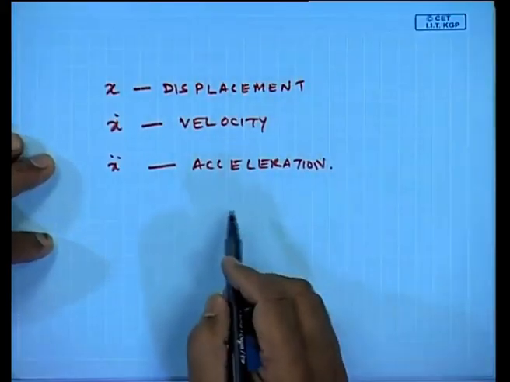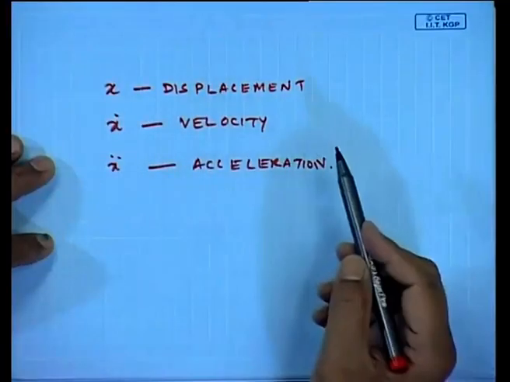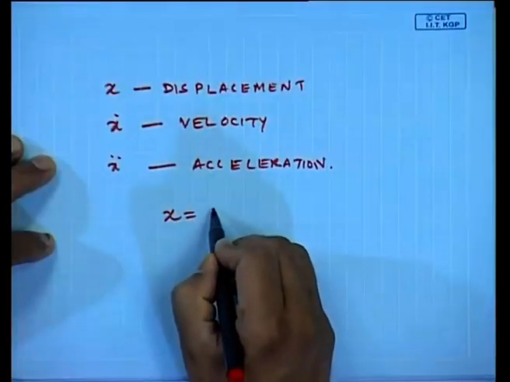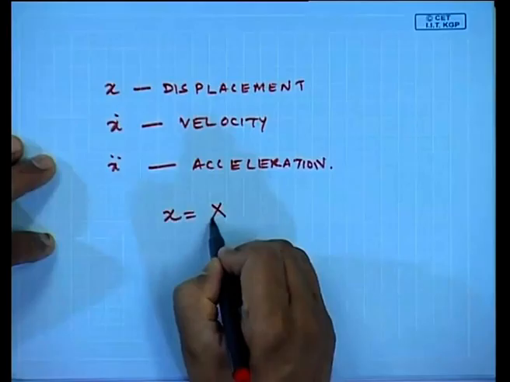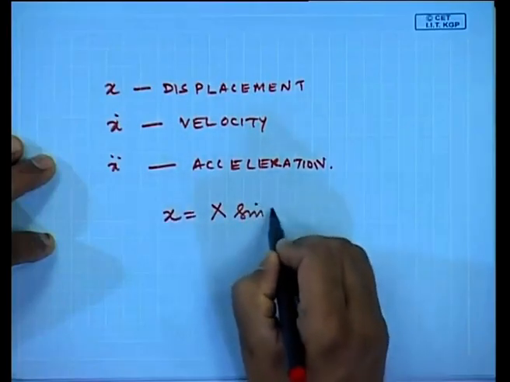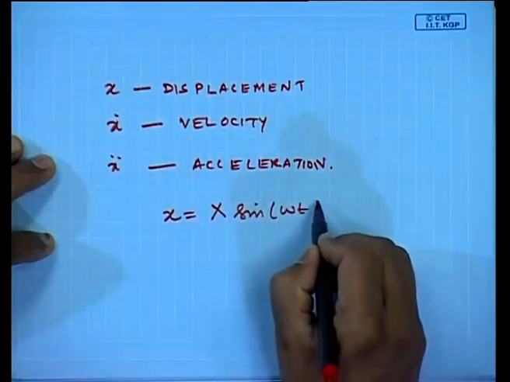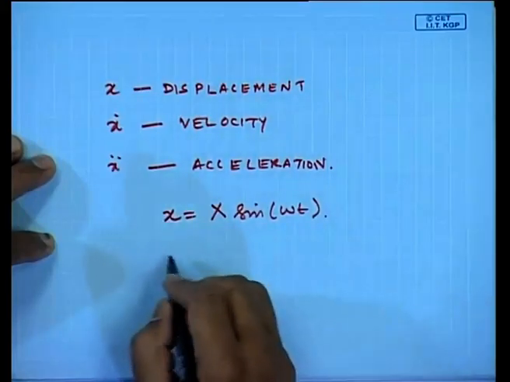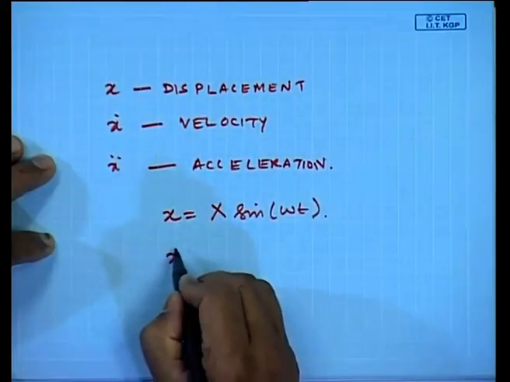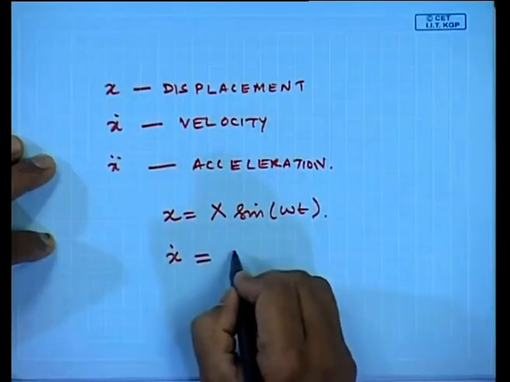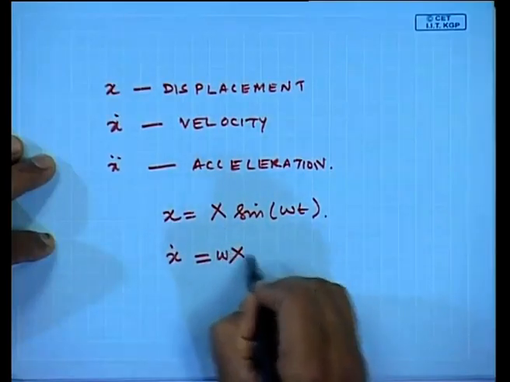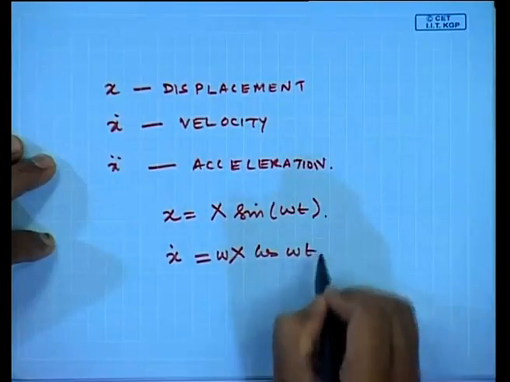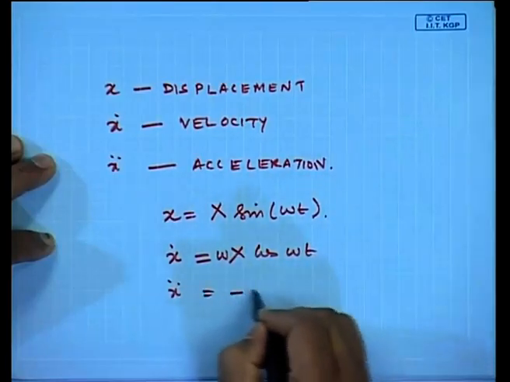So, what is vibration? Well, vibration is nothing but this motion represented either as displacement or velocity or acceleration. If I assume that x is of the form x sin omega t, I can very well find out the displacement, the velocity and the acceleration.